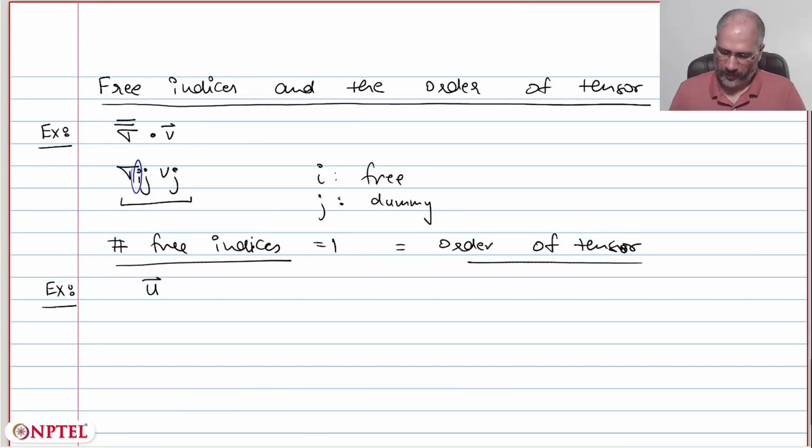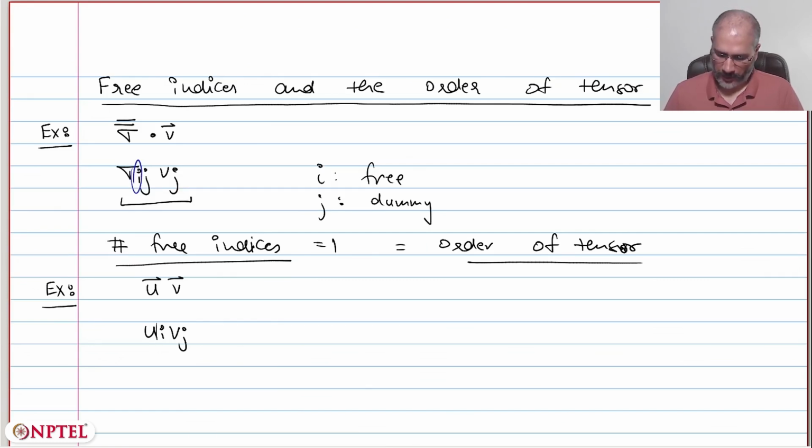In this case, we have the outer product or the dyad of u and v, which in the misuse notation will be written as ui vj. Although I should be writing it as this tensor, I will get rid of these brackets and use the misuse notation here. So how many free indices do we have here?